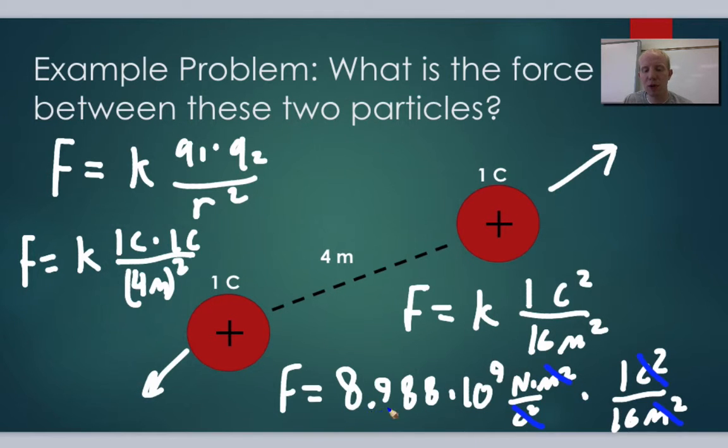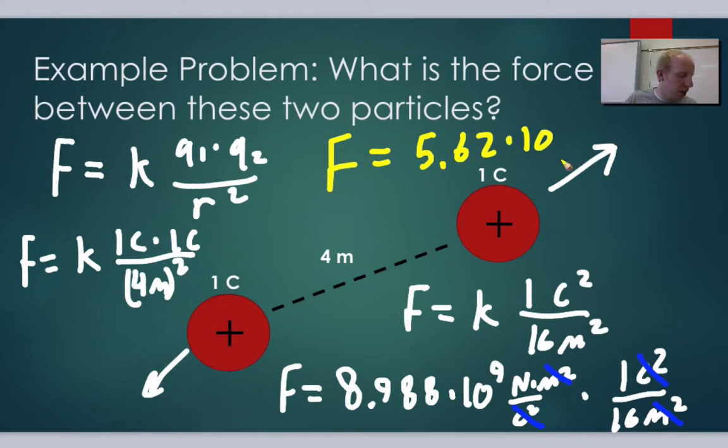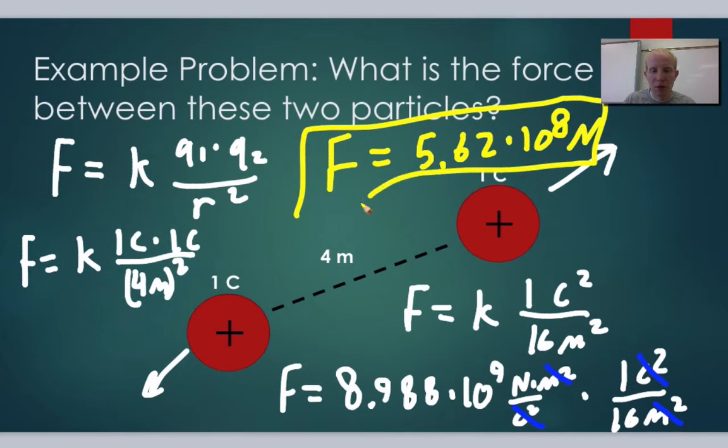So basically it's 8.988 times 10 to the 9 over 16 newtons. When you put that in your calculator, you should get that the force equals 5.62 times 10 to the 8th newtons.